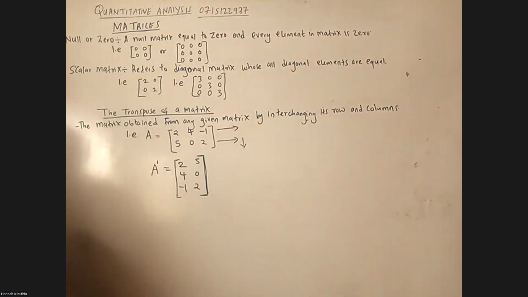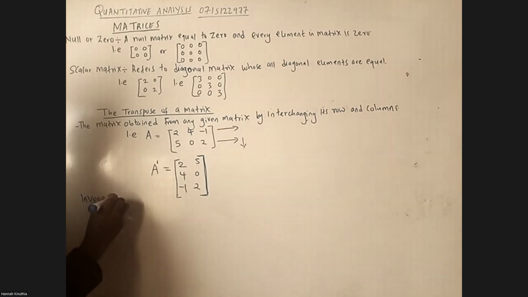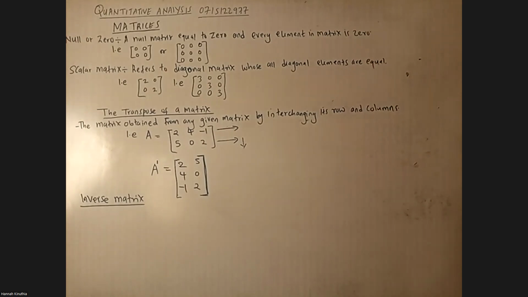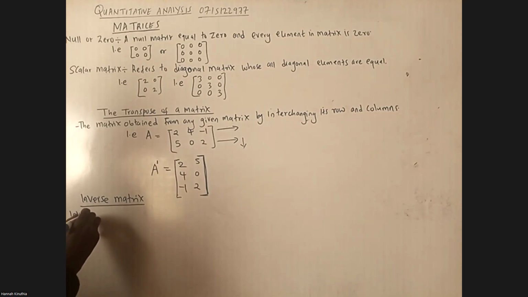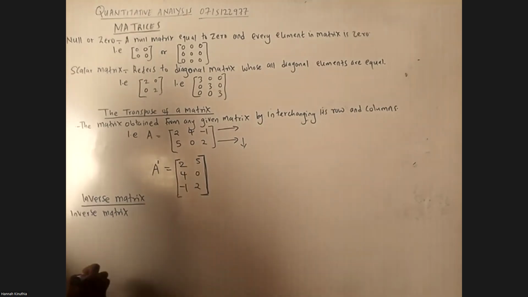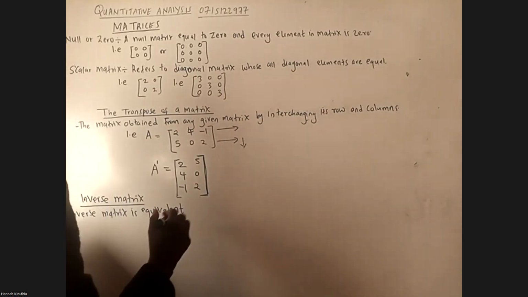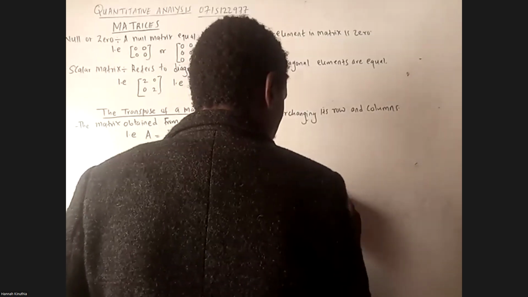Inverse matrix. We say the inverse matrix is equivalent to a reciprocal. It is supposed to be a reciprocal of a number, and it is already defined.